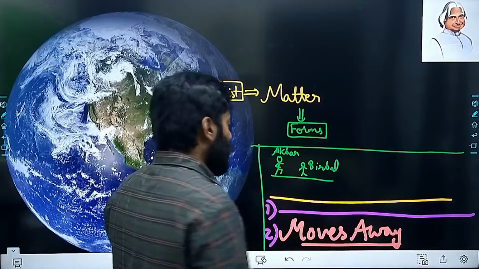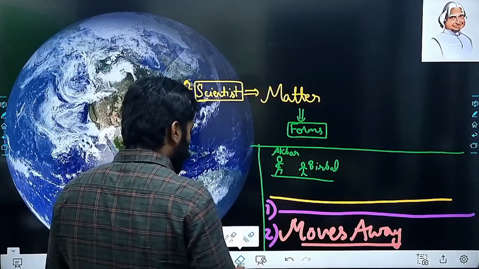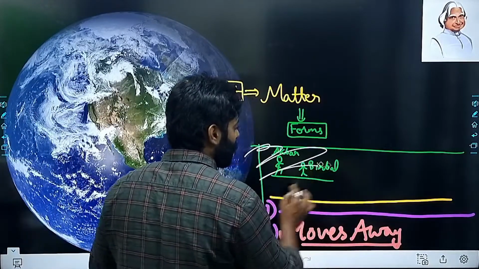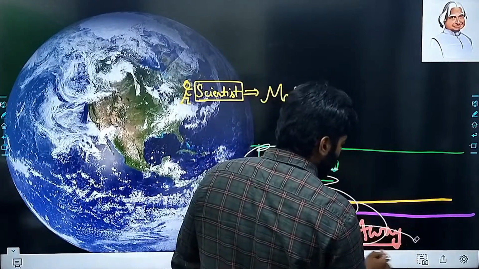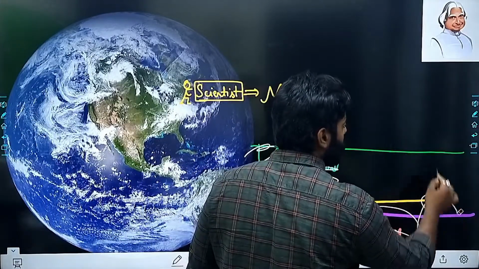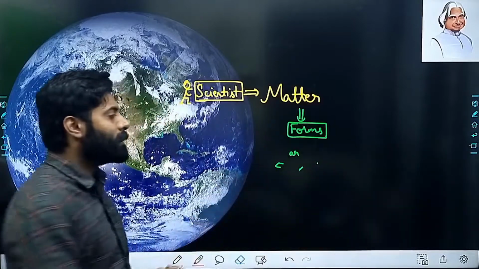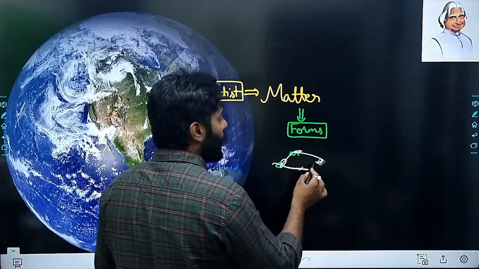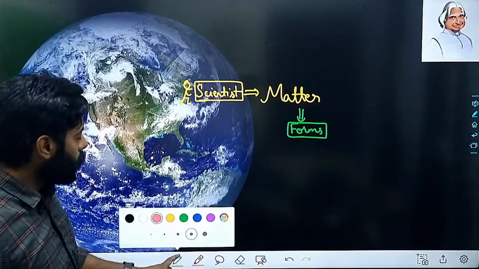So this is not what we have to learn, but I just want to teach you something regarding measurement. For measurement, we require some reference. Without reference, we can't say that an object is small or large. So there should be some references which we require for measurement, right?